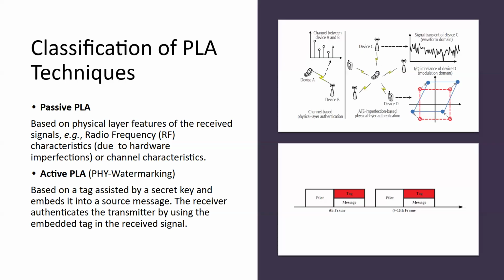The active physical layer authentication is based on a tag assisted by a secret key. You add something to the signal, basically, and embed it into a source message. The receiver authenticates the transmitter by using the embedded tag in the received signal.